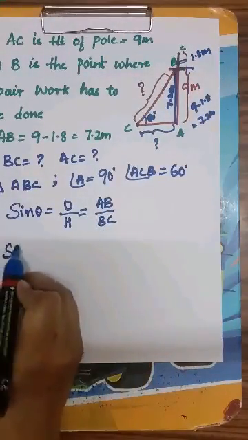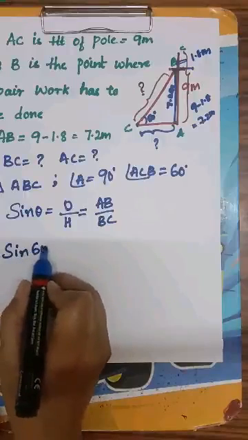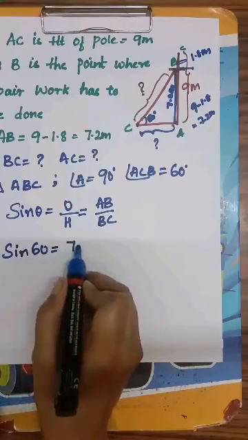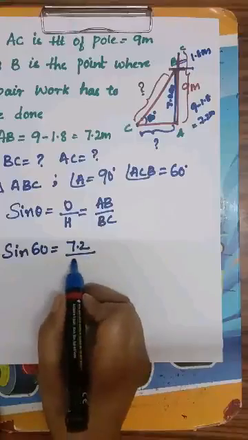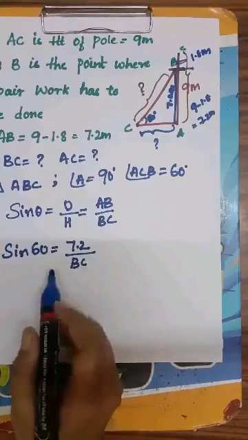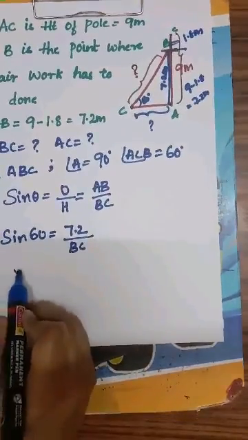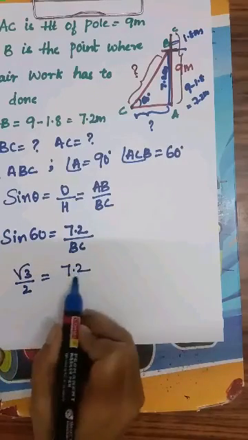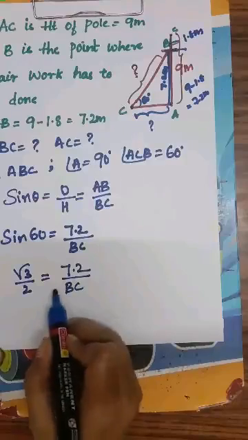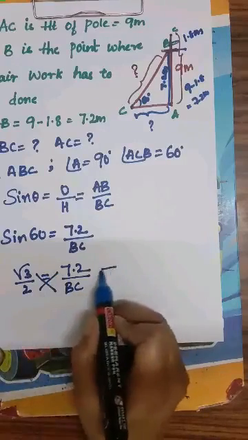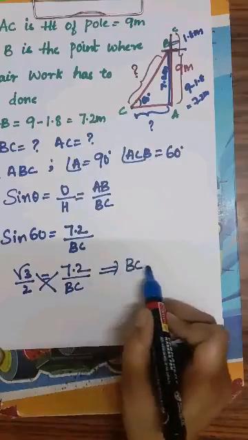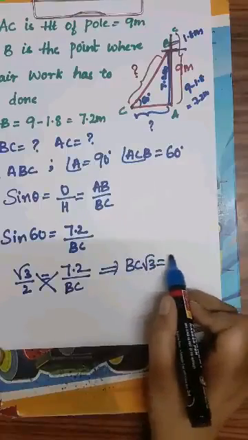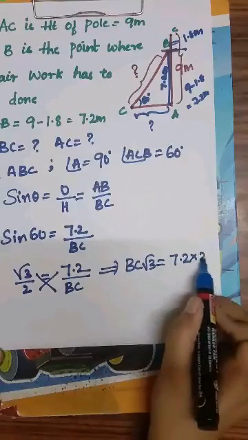Sin theta की वैल्यू कितनी आ गई माँ? Sin 60 इज इक्वल्स टू AB 7.2 आ गया बाई BC. Sin 60 वैल्यू √3 by 2 is equal to 7.2 by BC. क्रॉस मल्टीप्लाई कर दो माँ. BC √3 is equal to 7.2 into 2.